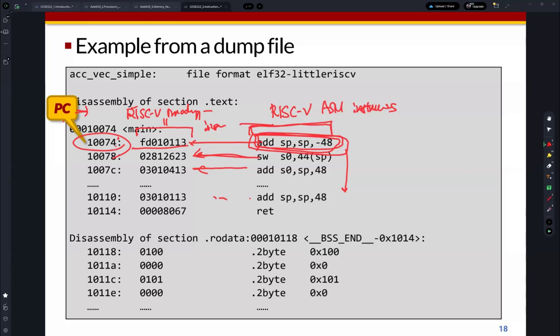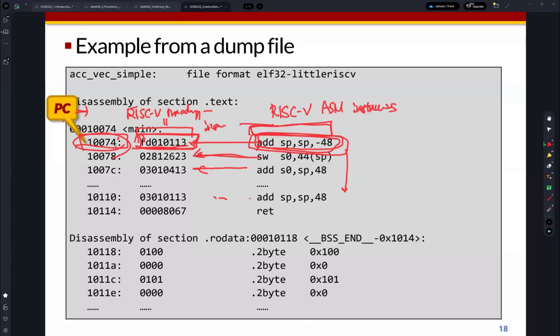So this data is in the memory at the address 10074. This is also a hexadecimal number because binary is so long. So you can understand the instructions in memory like this.